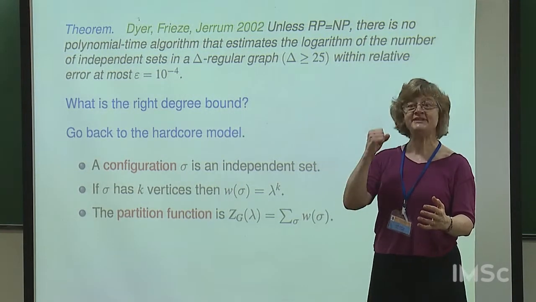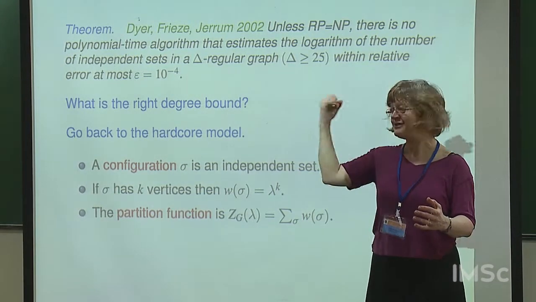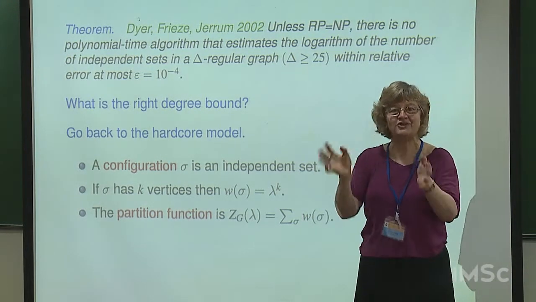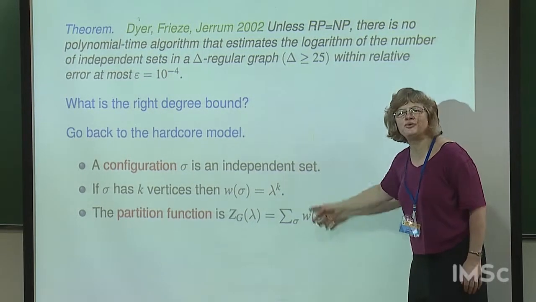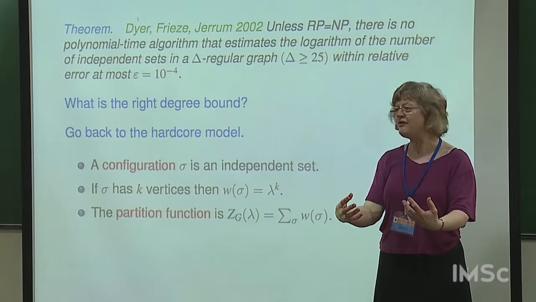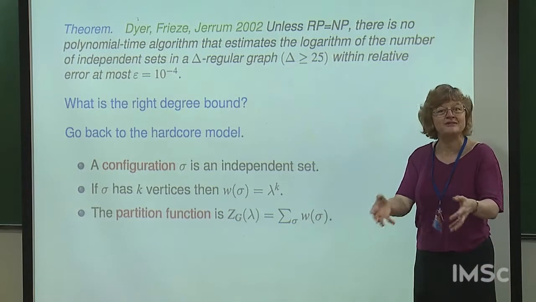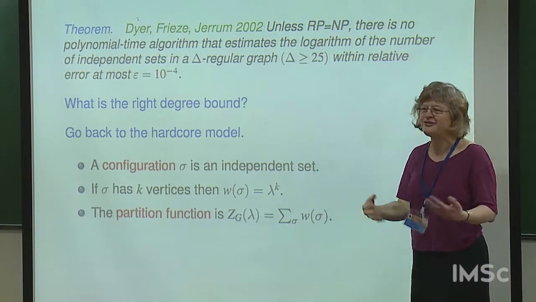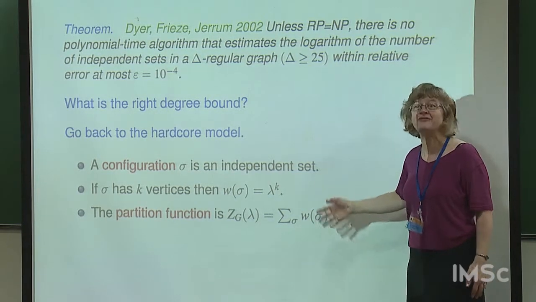I'm going to insist this vertex is in, I'm going to insist this vertex is out, this one is in. I'll allow myself to just pin a few of them. And you can see that it wouldn't really change the model, because if you want to insist that a vertex is in, well, fine, just take its neighbors out, multiply by lambda, and work on the smaller graph. If you want to insist a vertex is out, fine, just delete it. So it really makes no difference.